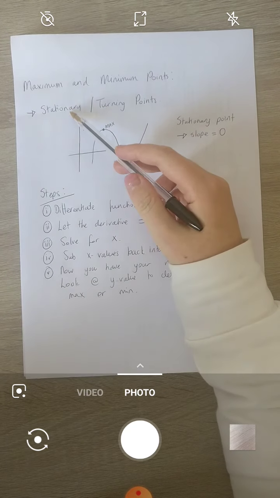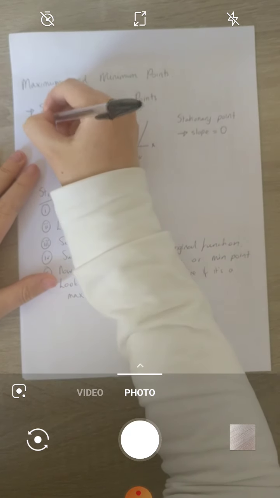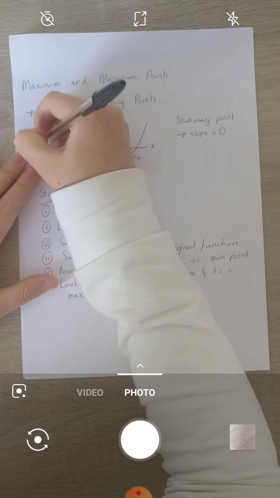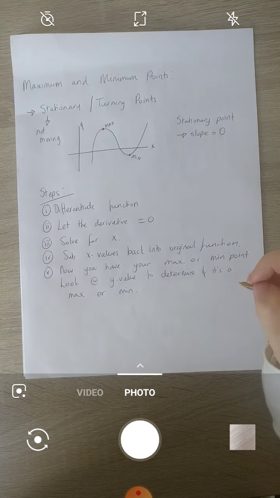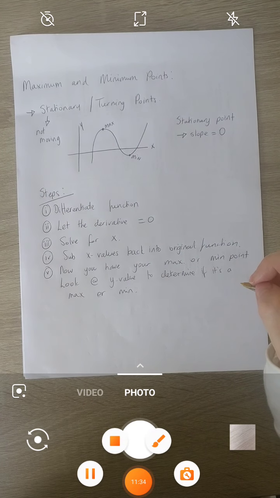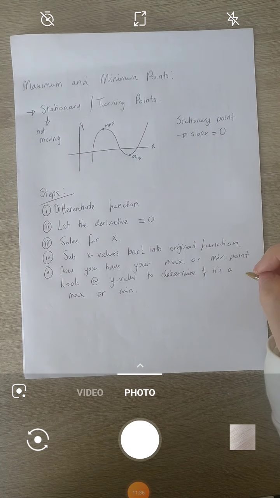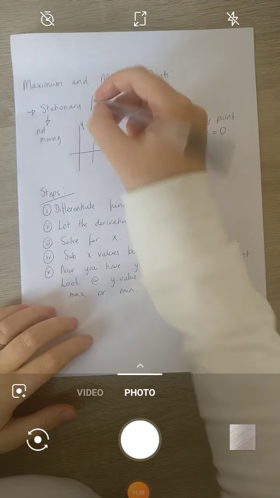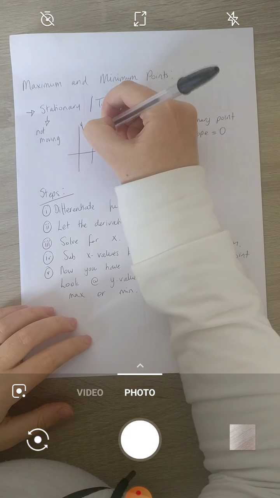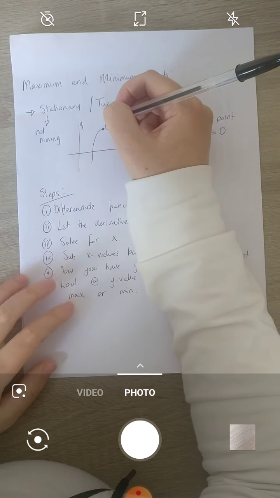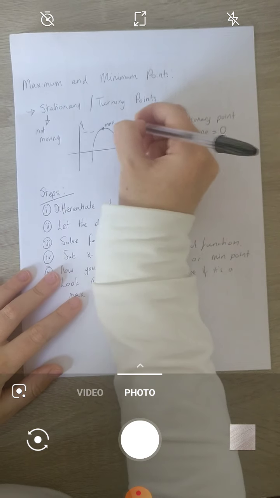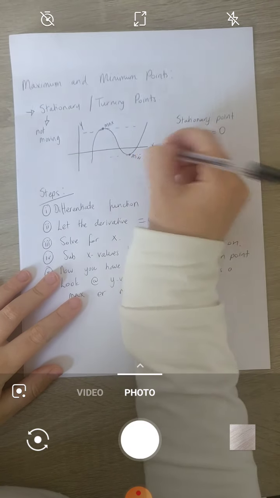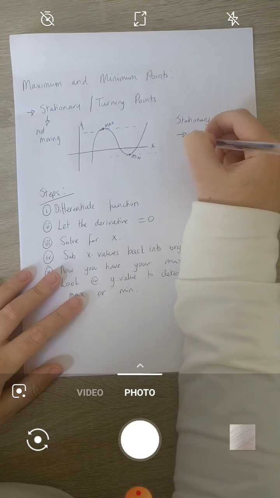Stationary means not moving. If you look at these functions, when it's at this point, which is called a stationary point, the slope here is 0, which means the speed is 0.